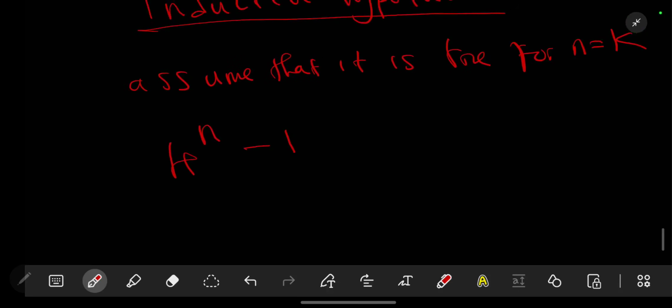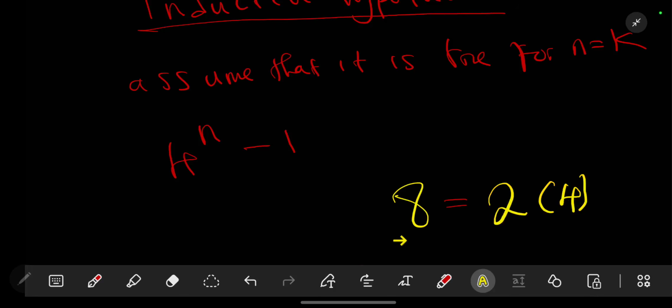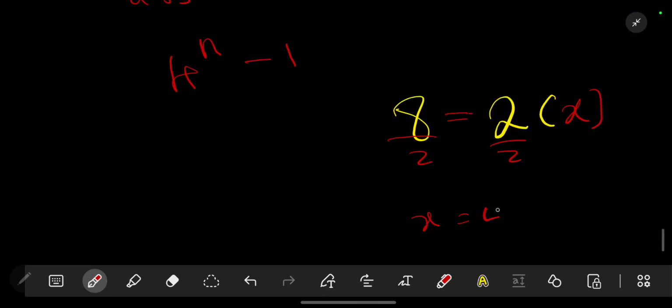Now, if a number is divisible, I explained in another video, if you have, let's say, 8 is equal to 2 times 4. So this means 8 is the same as 2 times 4. So whenever you have any number divisible by another, you can say x is such that when you divide, it gives you x is equal to 4.